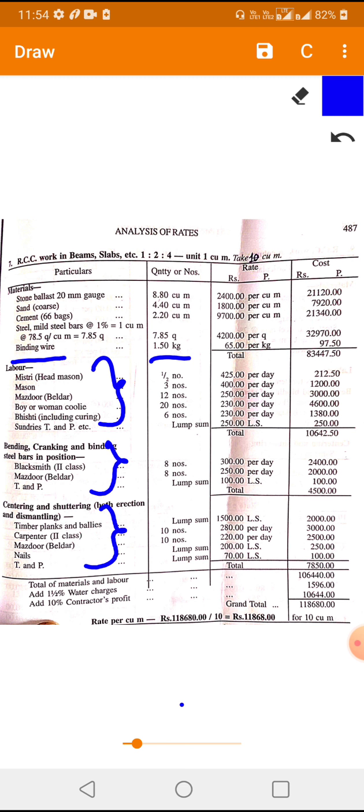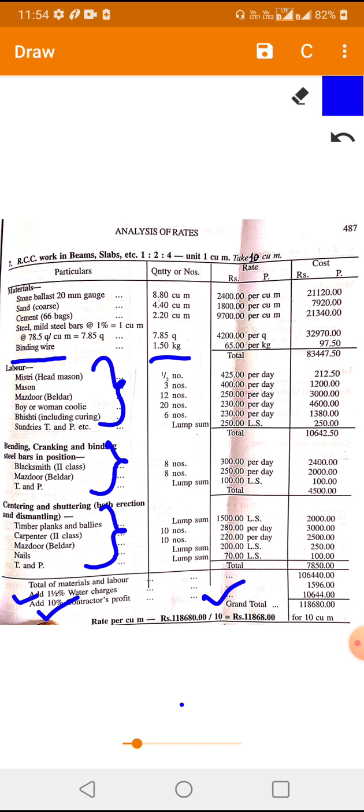So after adding all these values, we get the total. Just like the plain cement concrete case, on the total of labor and material charge we add 1.5% water charge and 10% contractor's profit. After adding these, we get the grand total.